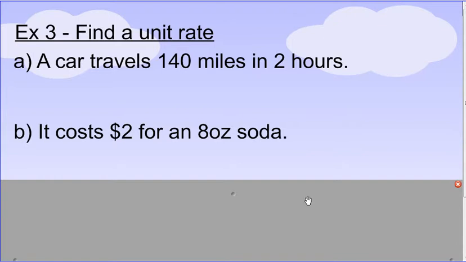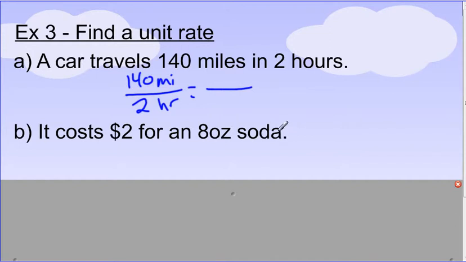So here we have a car travels 140 miles in 2 hours. The first thing I'm going to do is I'm going to write that thing as a rate. So I'm going to put it as 140 miles in 2 hours. One thing that is extremely important here, folks, is you've got to include your labels. Do not forget your labels when you're doing this.